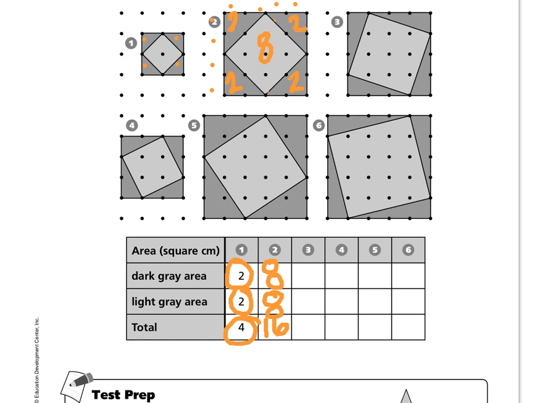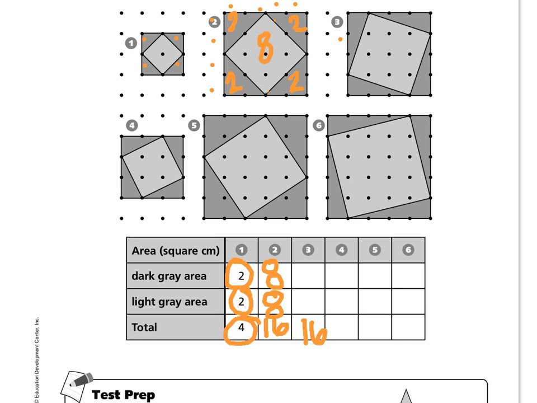Figure out how much you have all together, and it's a 4 by 4, which means you have 16. And then you want to break it up to see how much you have. Now the dark gray you can look at, and each of the dark gray triangles are exactly the same. So if you figure out how much 1 is, you're going to be able to figure out how much all of them are altogether.